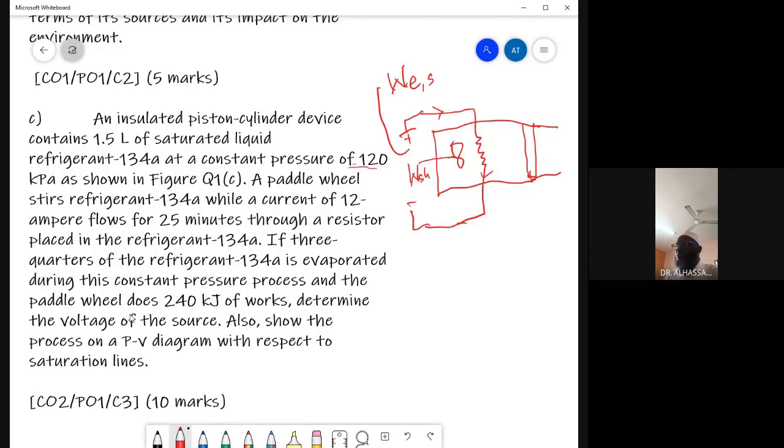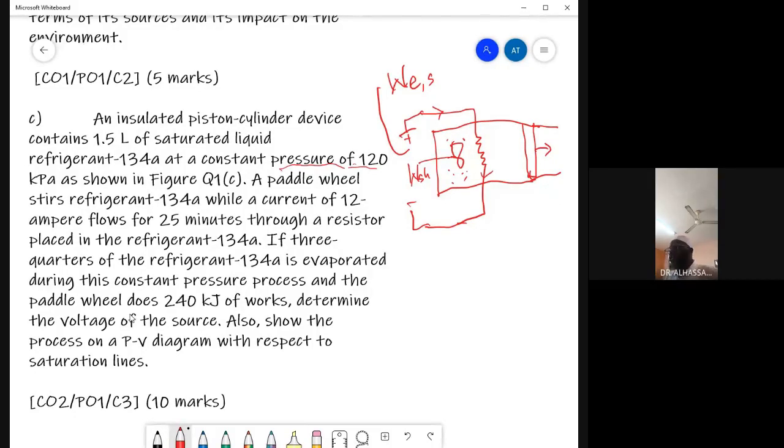Now, if you look carefully, here we are told the system is operated at constant pressure. So it means that we are adding heat, electrical energy to the system, and we are adding paddle wheel work done also on the fluid. Since it's a constant pressure, the piston needs to expand so that the pressure will remain constant.